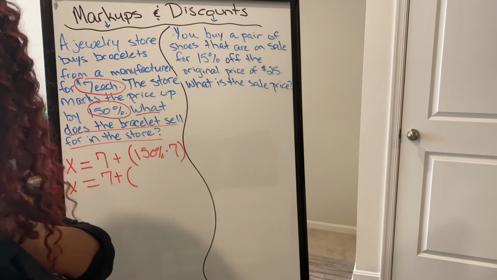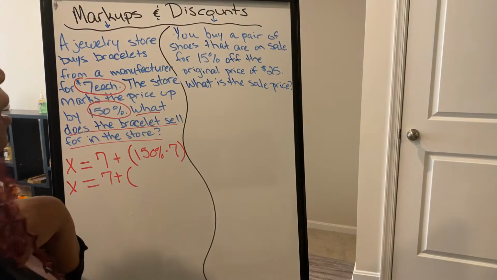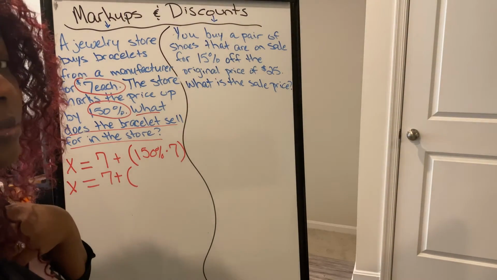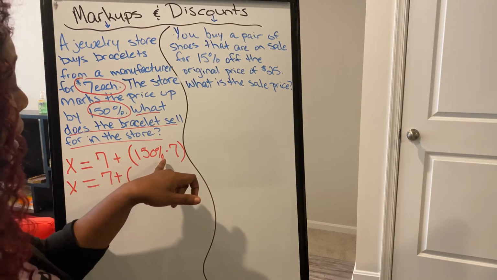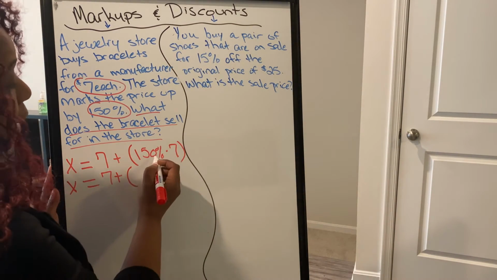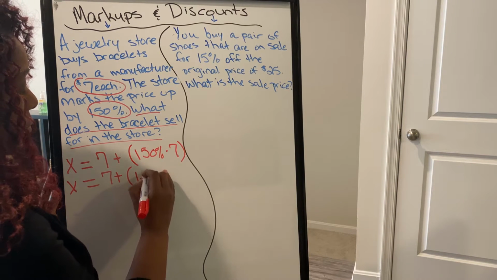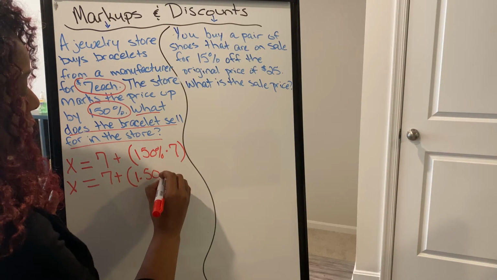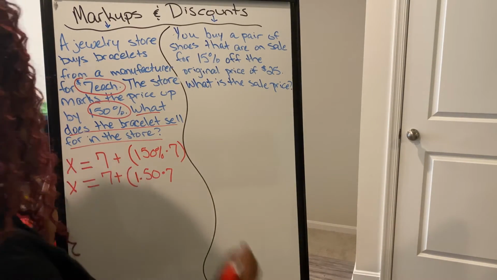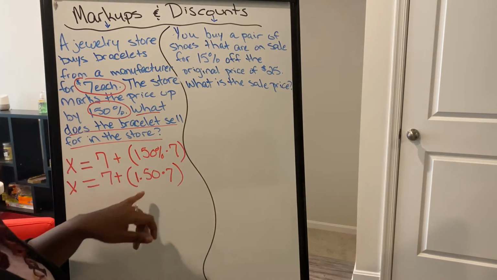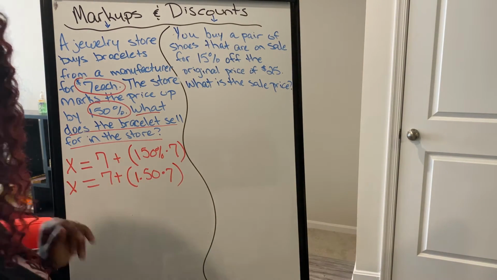It has 3 place values. So we can think of it as 3 zeros, which would be 1,000. Or I can just take this percent and I can pretend I'm moving it 2 spaces. That's times. So 1 and 50 hundredths times 7.